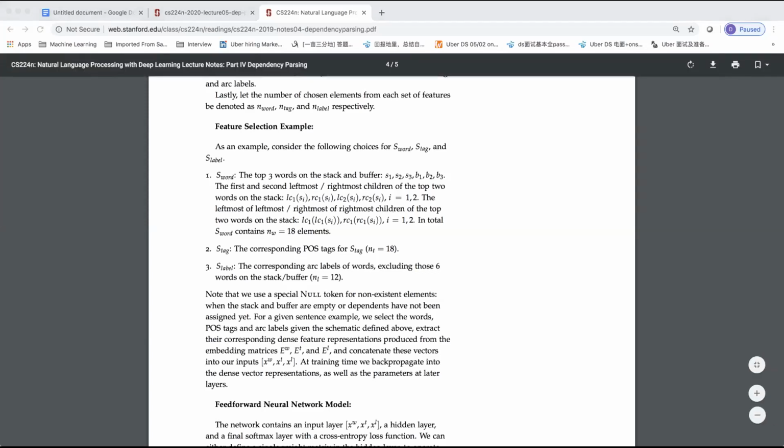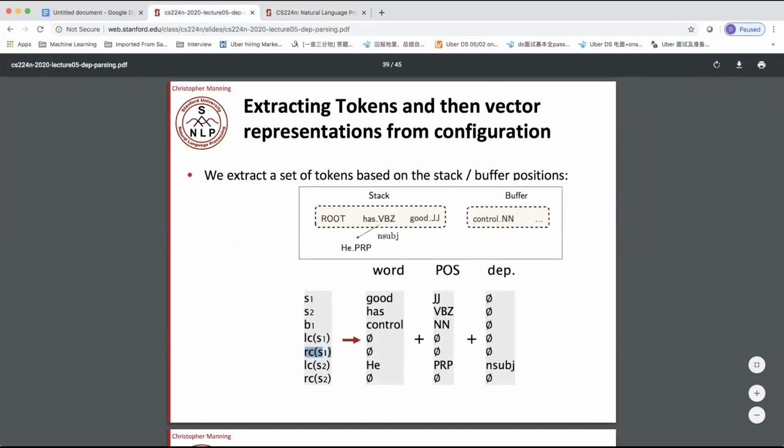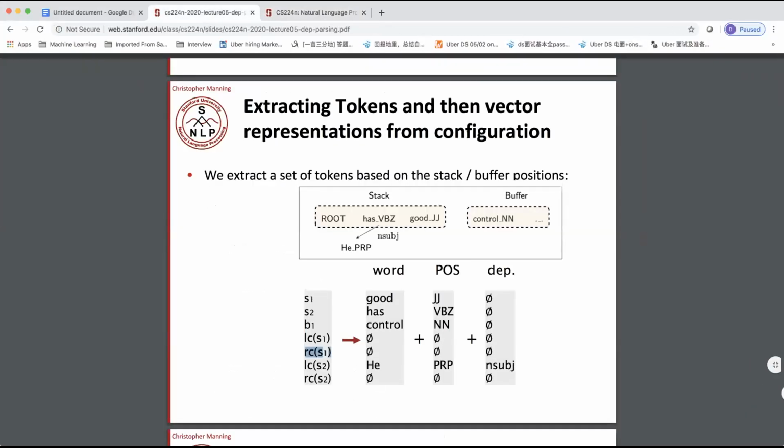Note that we use a special null token for non-existent elements. So when the stack is empty, it still has the position occupied by null. So I think that makes it not only a middle step, but always a frame of how to do it.